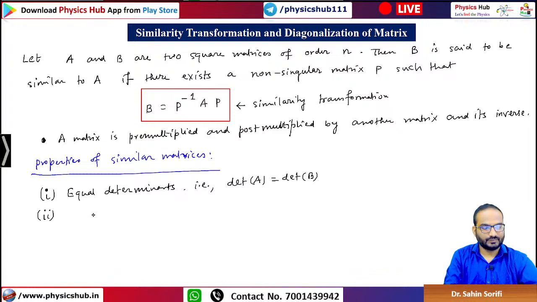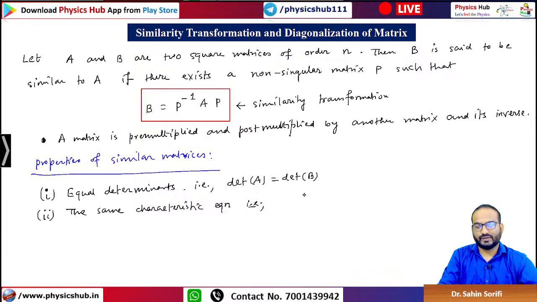Yes, Ajay, the same characteristic equation. Do you know what is the characteristic equation? In finding the eigenvalues, we introduce this term characteristic equation. So when you find the characteristic equation, we write modulus of A minus lambda I equals 0, and modulus of B minus lambda I equals 0. These are the characteristic equations. Both characteristic equations are the same.